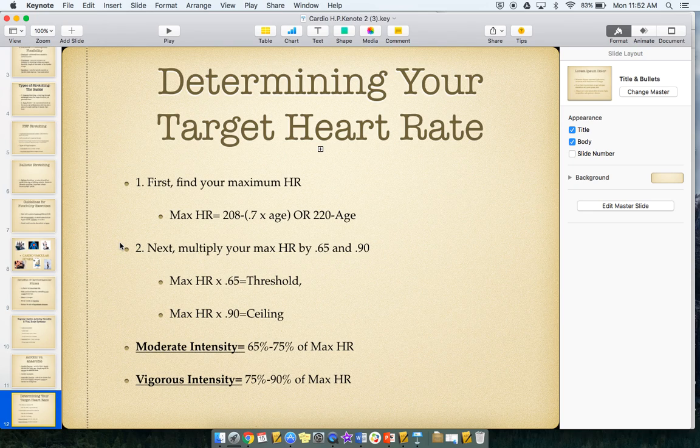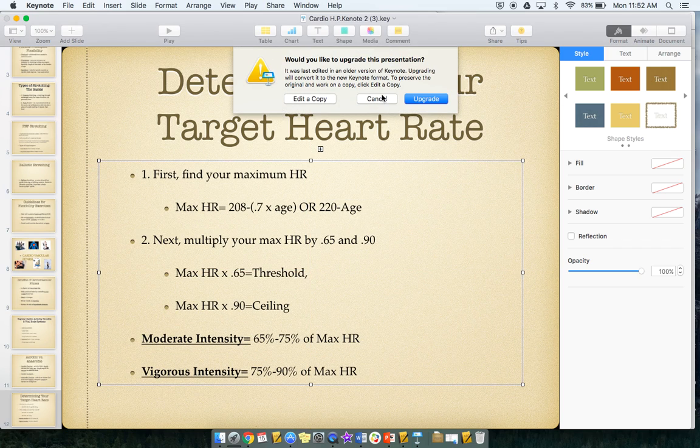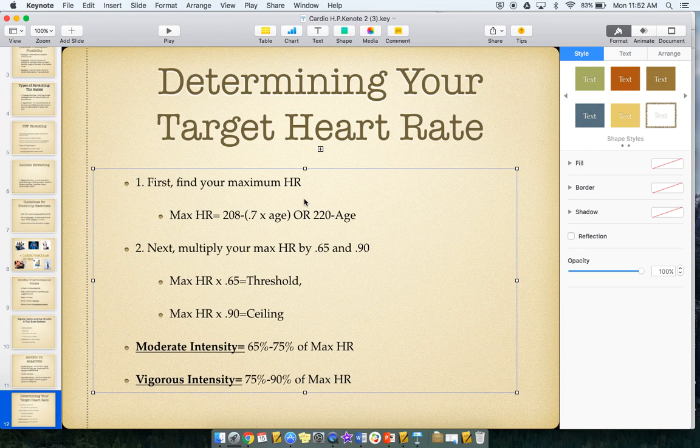All right, determining your heart rate. We've done that before. We're going to stick with this one right here. The 220 minus the age is the big formula we're going to use. Real simple. So know how to get to your max heart rate. That's 220 minus age, and then you take that number and multiply it by 0.65 for your threshold, and by 0.90 for your ceiling.